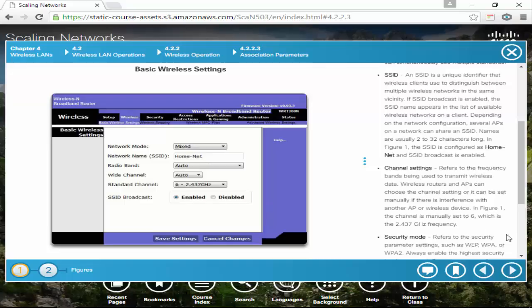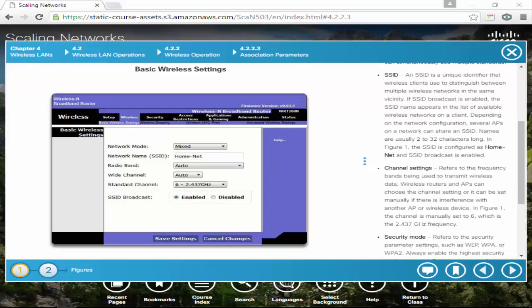Because I don't think on the 2.4 you can make more than a 20 megahertz channel or 40 megahertz channel, and maybe some more. Give me a second. Alright, yeah, that's right. 2.4 allows 20 and 40. I think that's what I said.